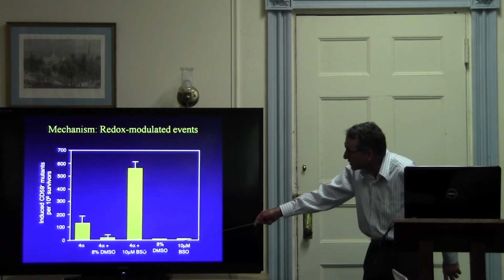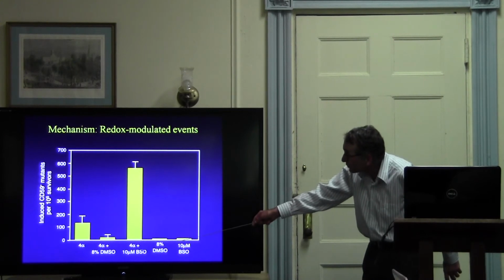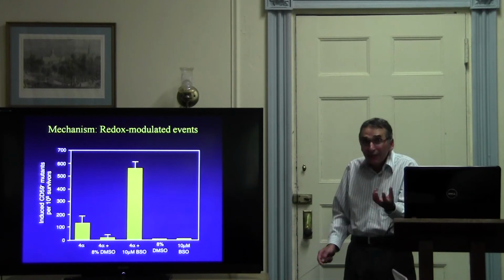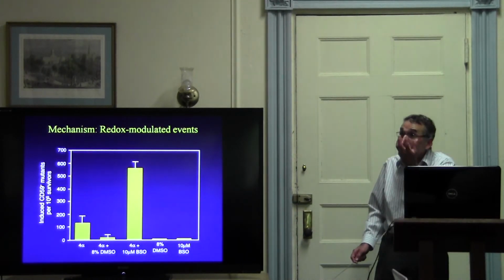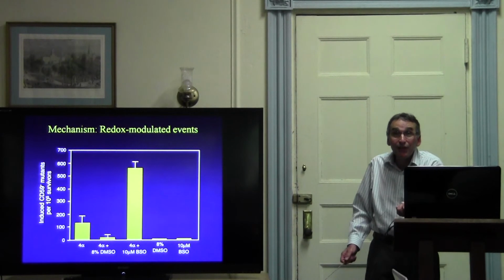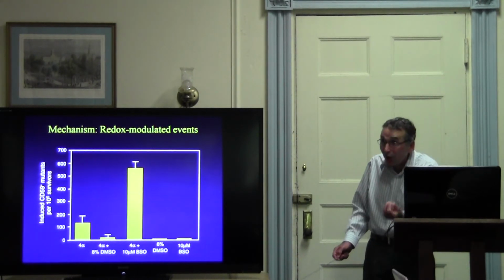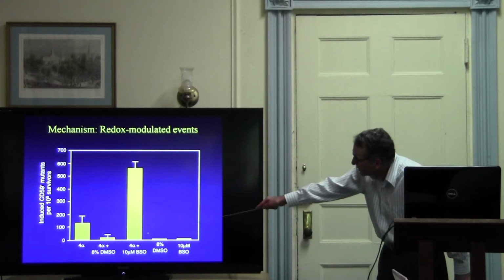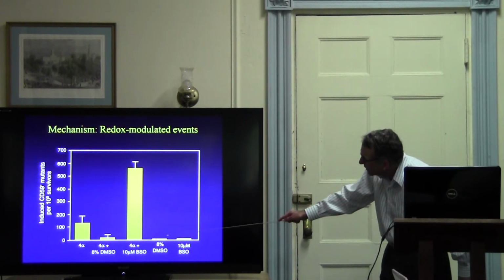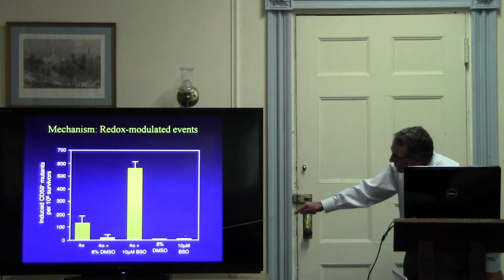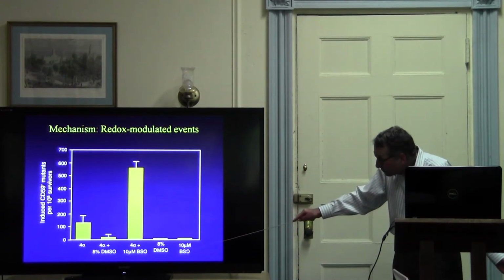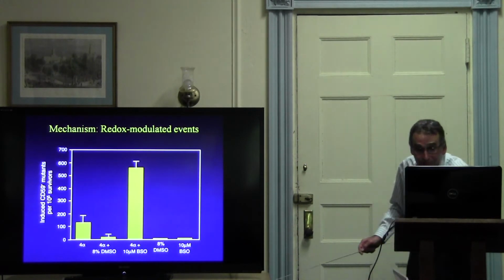If he treats the cells with buthionine sulfoximine, at a non-toxic dose of 10 micromolar, it is going to deplete the cells of glutathione. That's a powerful antioxidant. You see the mutation frequency increased tremendously. And this here is the background mutation frequency from only 8% DMSO or 10 micromolar BSO.